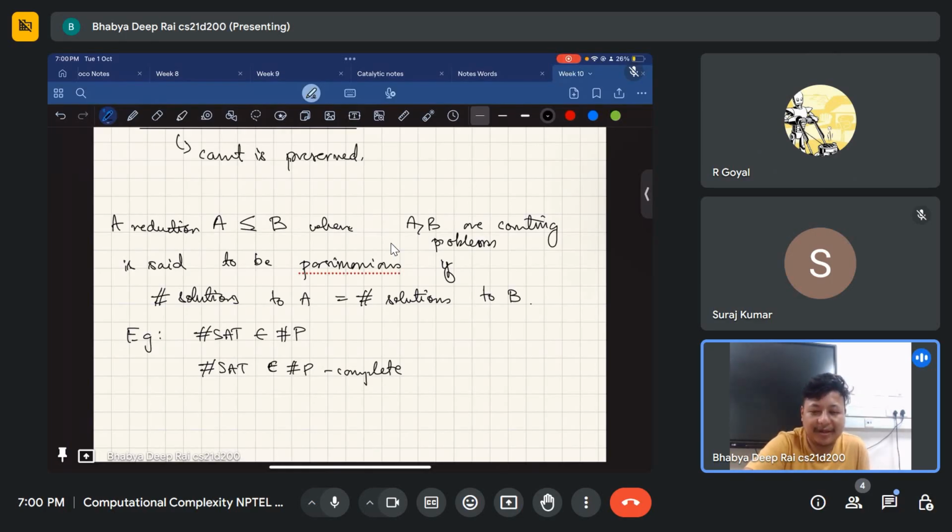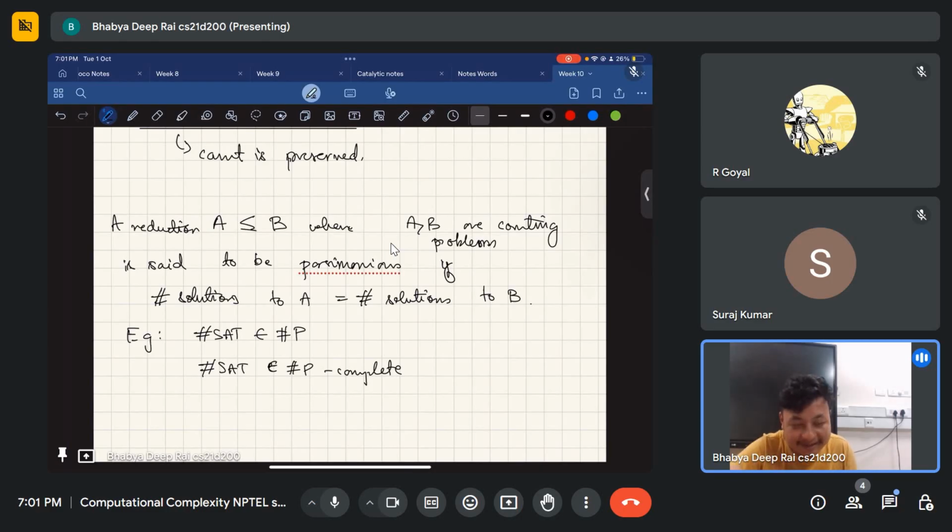Any #P language can be characterized by a non-deterministic Turing machine, and that verifier Turing machine can be converted to a SAT instance. And you are right to say that the number of satisfying assignments will actually prove the #P completeness.